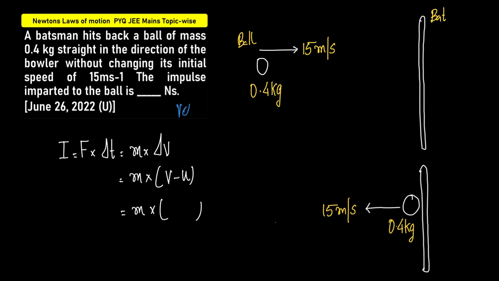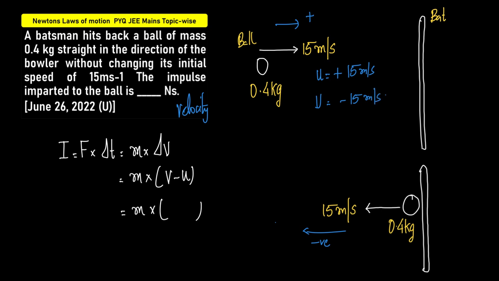This means that the velocity will change, right? So if we take those values towards the right as positive, we'll have to take towards the left as negative. So initial velocity u will be equal to plus 15 meter per second. Final velocity v will be equal to, towards the left means minus 15 meter per second.